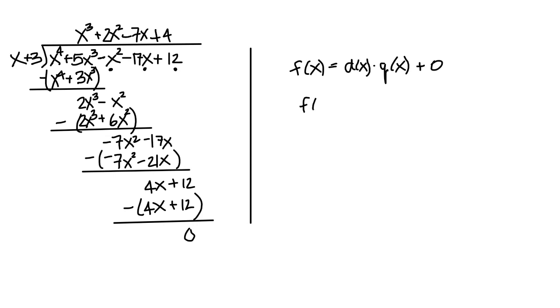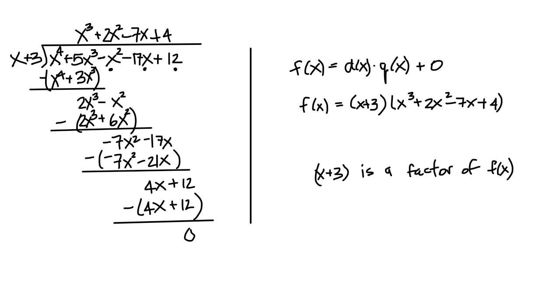So f of x is equal to x plus 3 multiplied by x cubed plus 2x squared minus 7x plus 4. And whenever the remainder is 0, we have a perfect factor. So that means x plus 3 is a factor of our original function f of x.